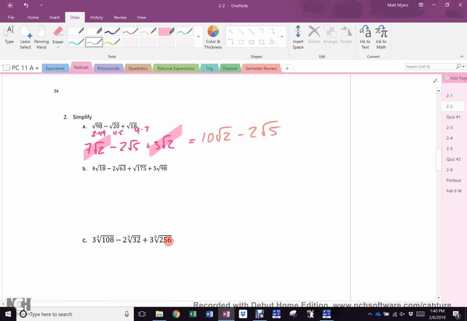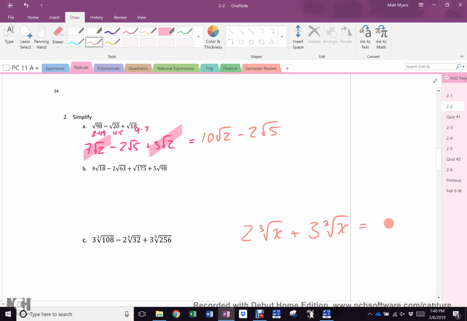What's going to be different about C? It's cube roots. So my simplification process is different because I'm looking for groups of what? 3. But I can still add 2 cube root x plus 3 cube root x.